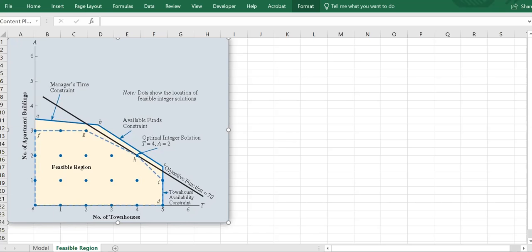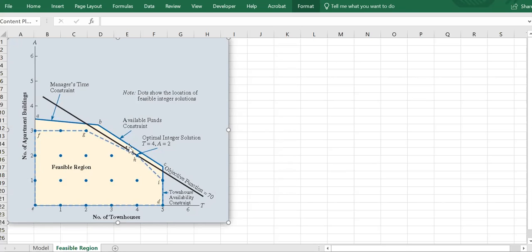So moving back to our model, but that was just for your information. You just need to know that the feasible region is much more limited when you have integer constraints, when you have the integer assumption for your decision variables, compared to LP relaxation.